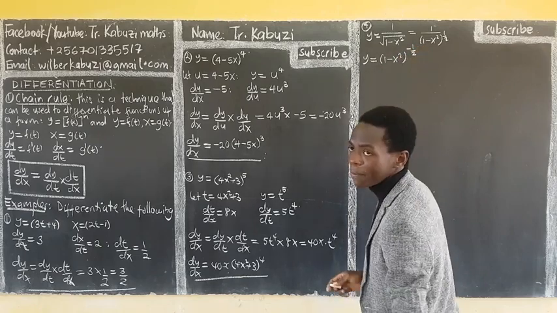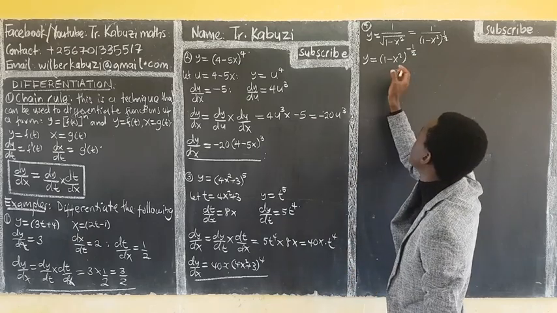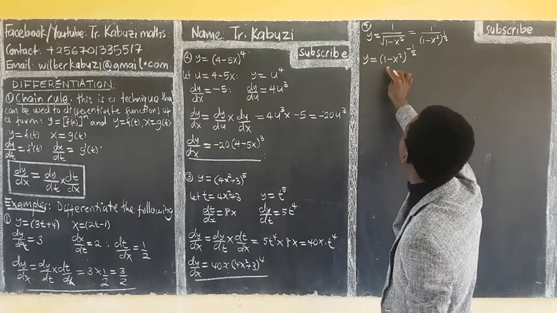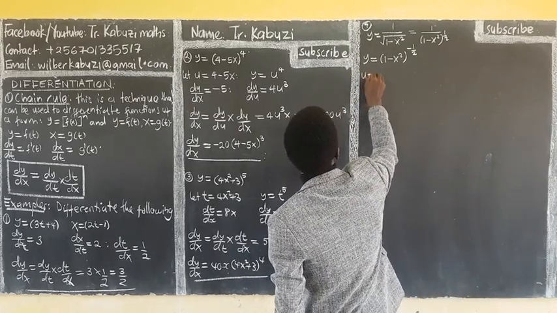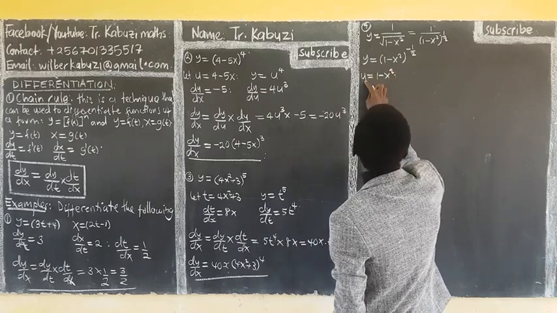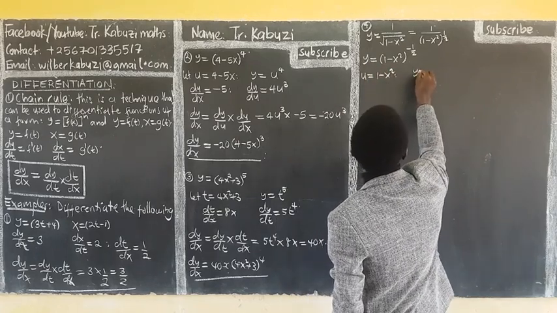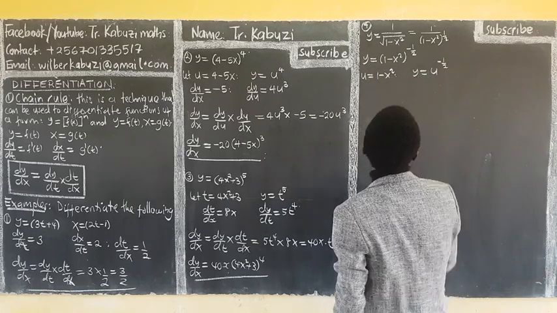So you can't expand this using what we know of expanding brackets unless you use the binomial. But that's our topic for later. So let this one be another letter. I say, let u be 1 minus x squared. It means that if u is this, my y is going to be u to the power negative a half.